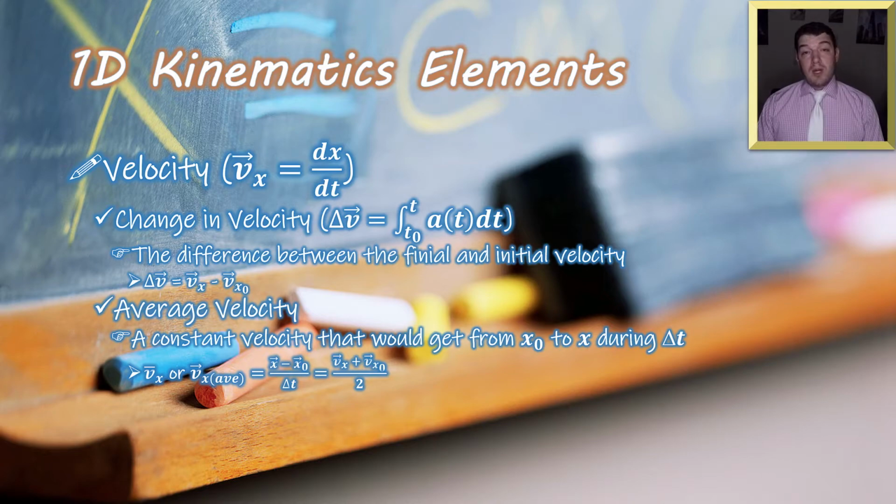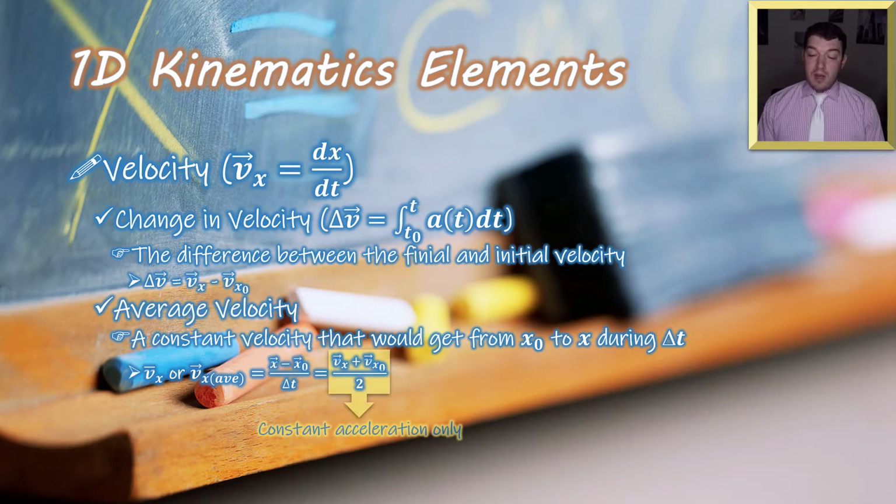And when you have a change in velocity, then we could determine the average velocity. When we're describing the average velocity, the easy way to do that is to get the total change in position over the total time. So final position minus initial position divided by the time it took to move between the two. There is another instance, which is we can take the final velocity, add to it the initial velocity, and divide it by 2.